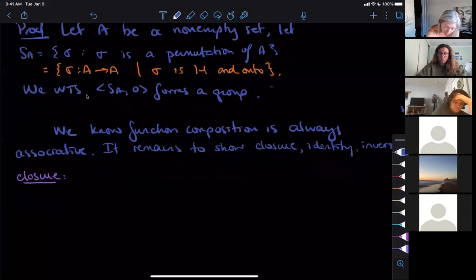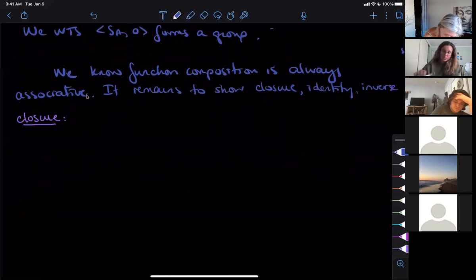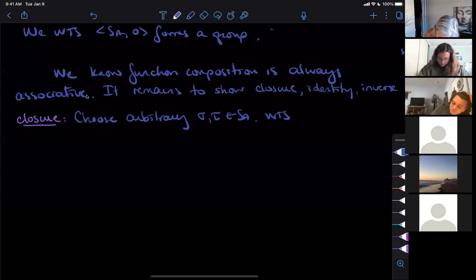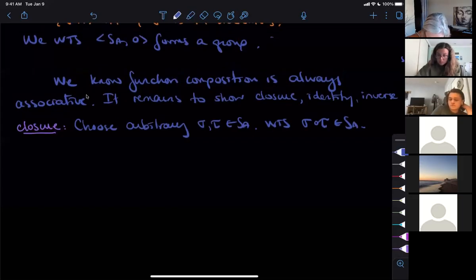Okay, so closure: we need to choose two elements in S_A and show that their composition is in S_A. So choose arbitrary sigma and tau in S_A. We want to show that sigma composed with tau is in S_A.